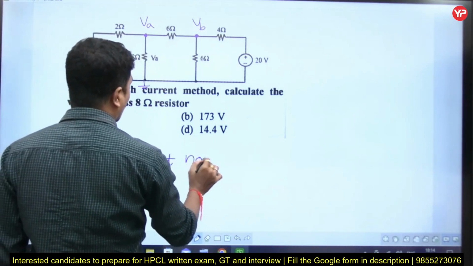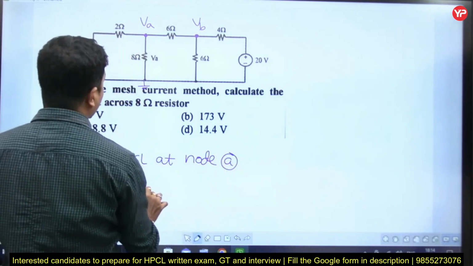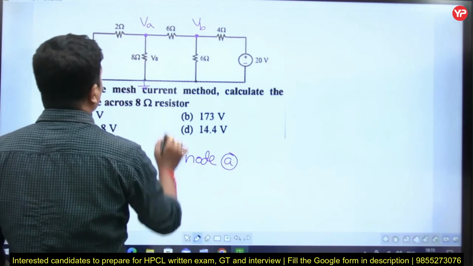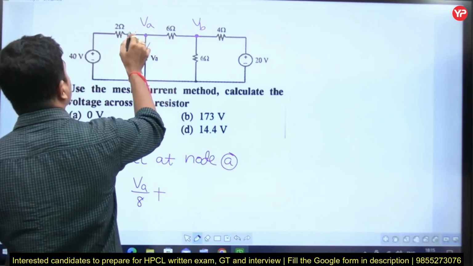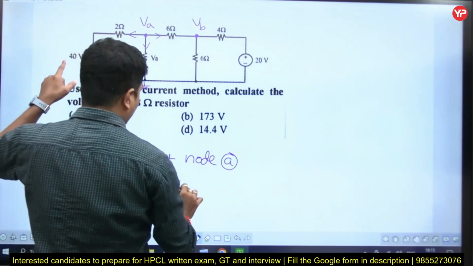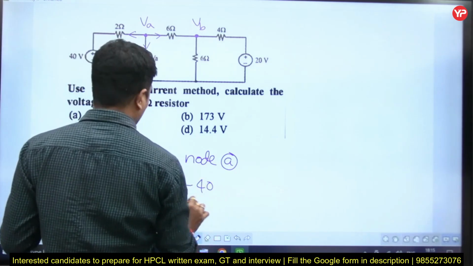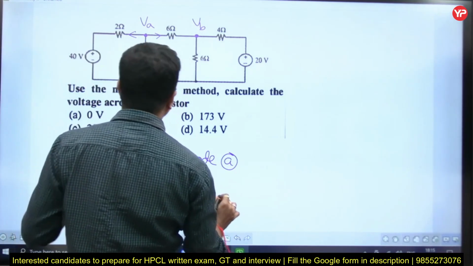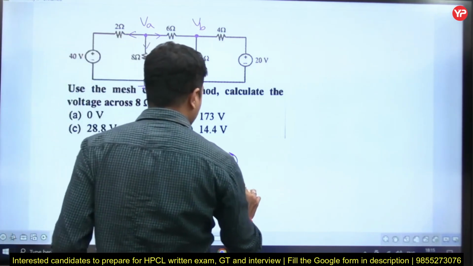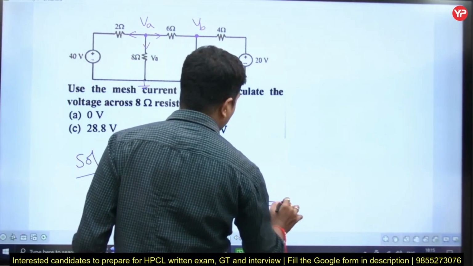VA by 8, this current is leaving. I take all the currents as leaving. So VA by 8 plus (VA minus 40) by 2 plus (VA minus VB) by 6 is equal to 0.